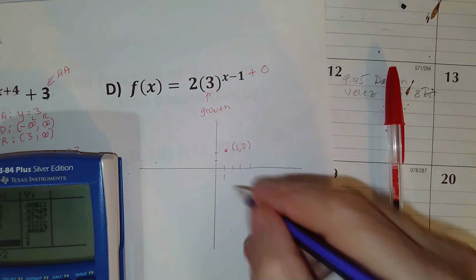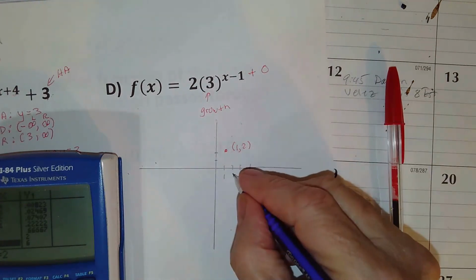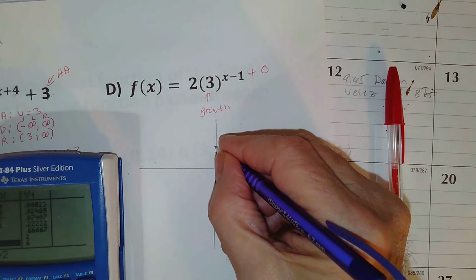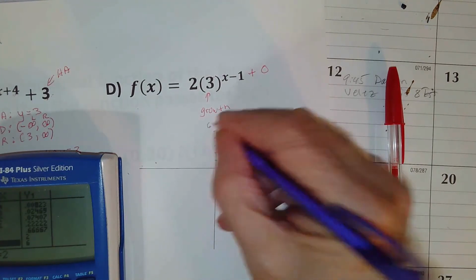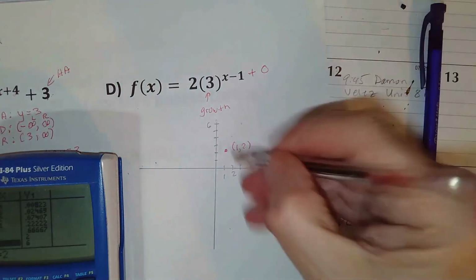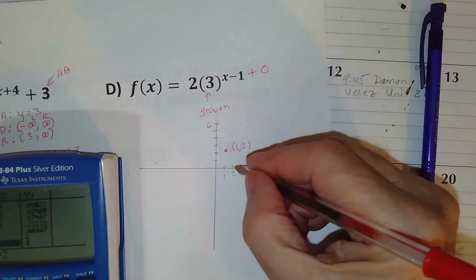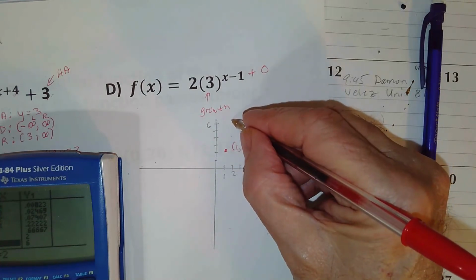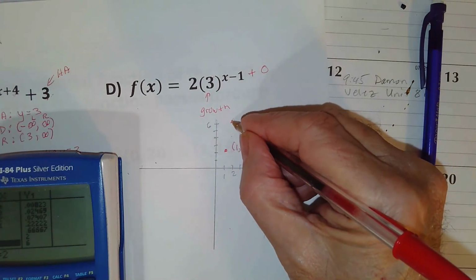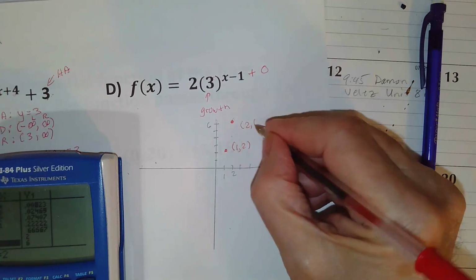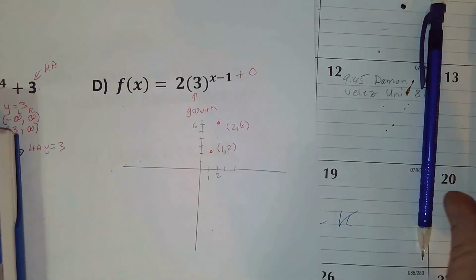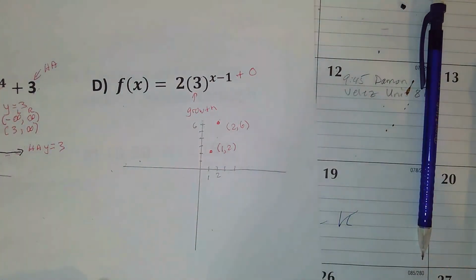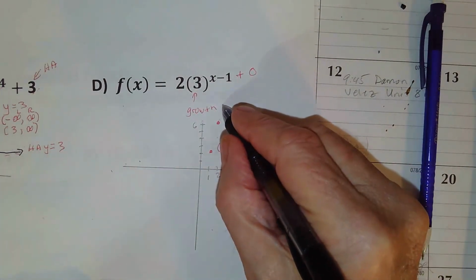So for 2, I got 1, 2, 3, 4, 5, 6. Here's 6. All right. So 2 and 6, and remember we only need 2 points. Okay. So it's kind of nice when you only need to do 2 points. And then our graph, let's use the black, it's going to look something like this.